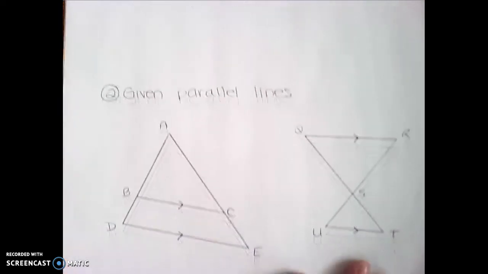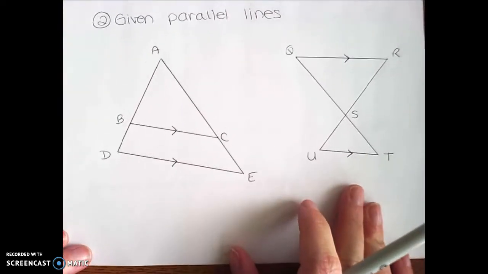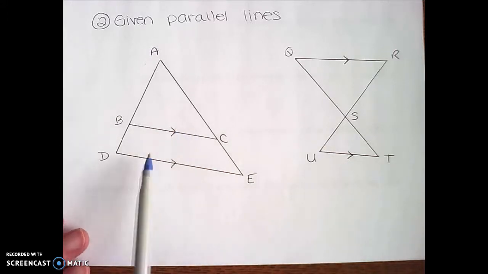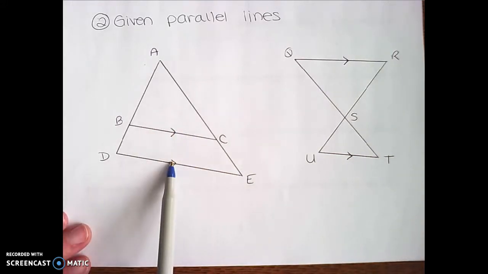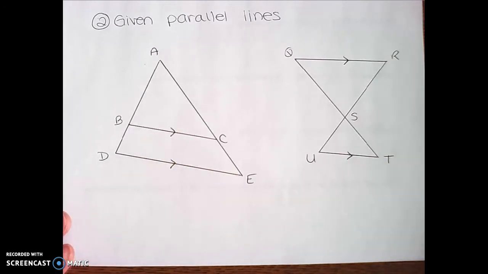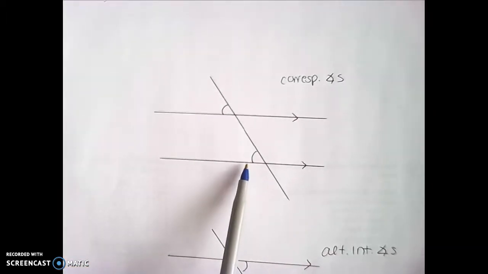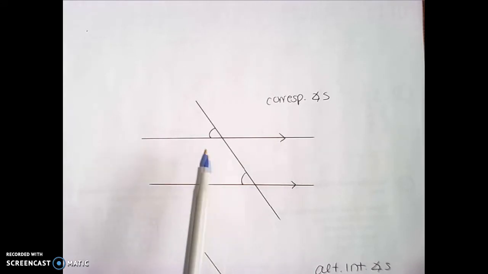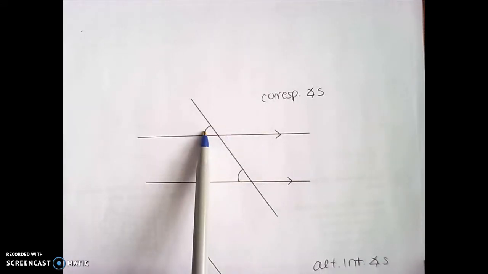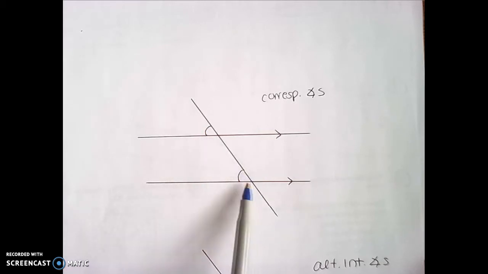The second option is that I give you parallel lines in the problem. So in this diagram, I give you some parallel lines, and if these lines are parallel, then I know that I will have congruent corresponding angles. And just to remind yourself what corresponding angles look like, they are the angles that are in the same location, meaning at this intersection, this is in the top left, at this intersection, top left.